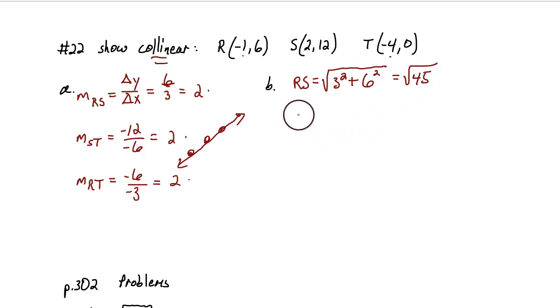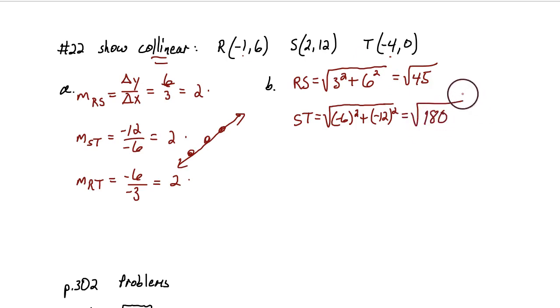Now let's find the distance from S to T. The change in x was negative 6 units. And the change in y was negative 12 units. Negative 6 squared is 36. Negative 12 squared is 144. And 36 plus 144 makes 180.